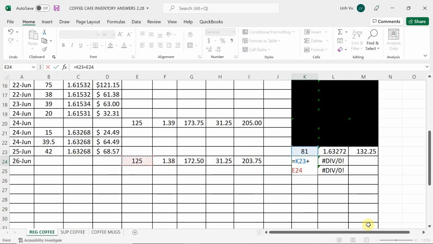So 81 pounds plus 125 pounds gives me a total of 206 pounds.